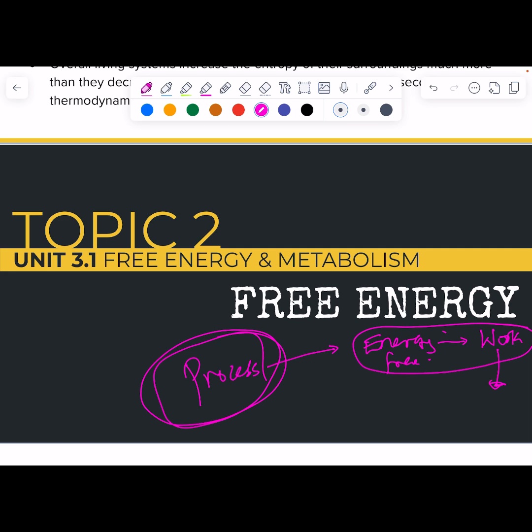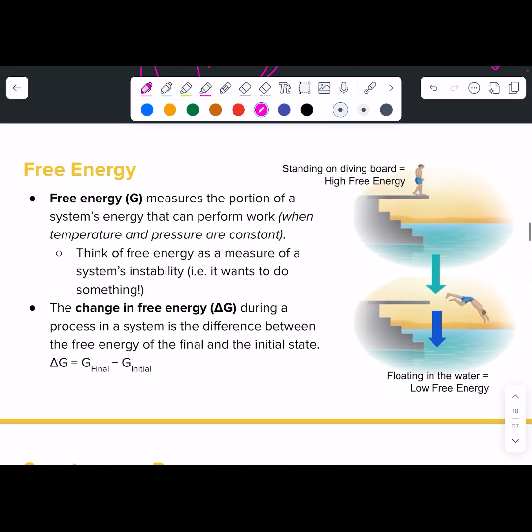Now, some processes in the body are able to give off energy, and other processes, they are not. And that's what we're going to be looking at. So free energy measures the portion of a system's energy that can perform work.